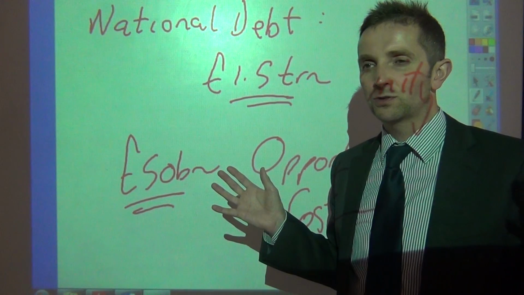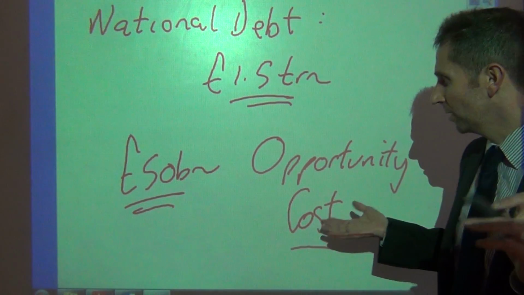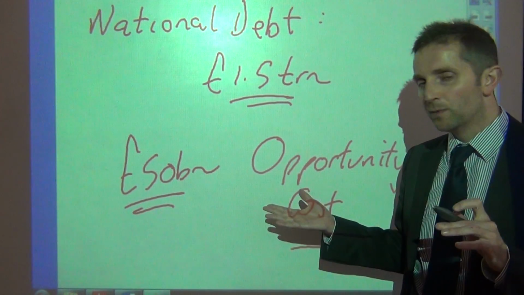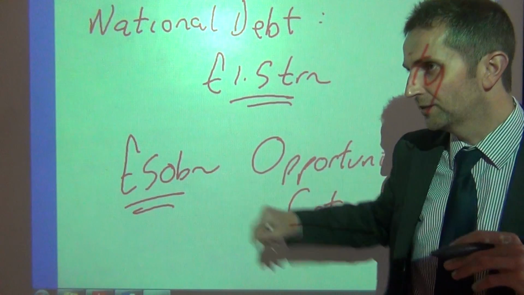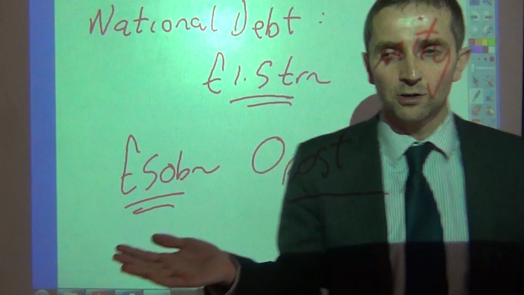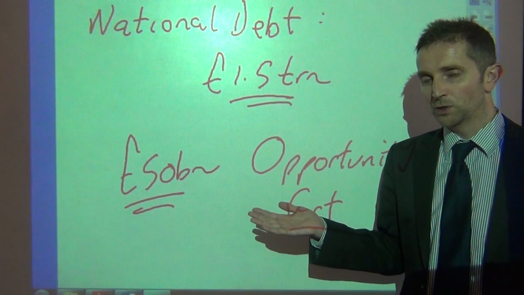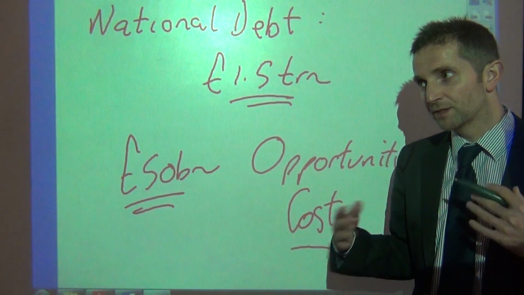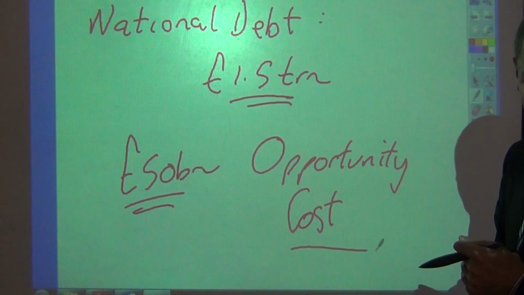These are quantities which the normal person just cannot comprehend, but we know it's big, and we know it's a bit of a constraint on growth, because there would be an extra 50 billion that we could be investing in all types of infrastructure projects, which would create an enormous derived demand for goods and services of all types, which would help to grow our economy.